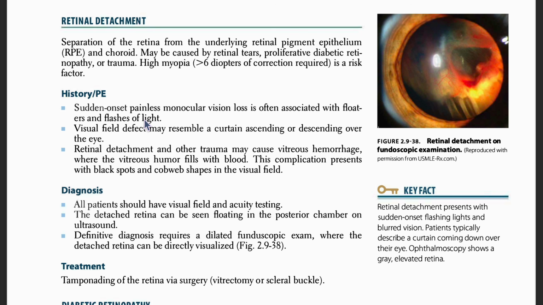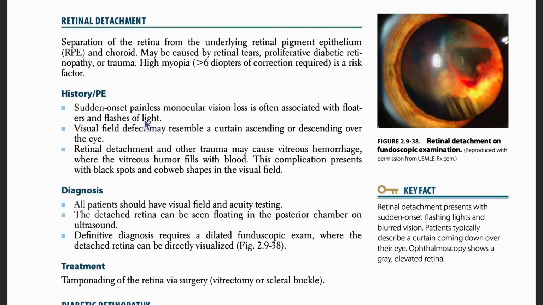Sudden onset painless monocular vision loss is often associated with floaters and flashes of light. Visual field defect may resemble a curtain ascending or descending over the eye. Retinal detachment and other trauma may cause vitreous hemorrhage, where the vitreous humor fills with blood. This complication presents with black spots and cobweb shape in the visual field.